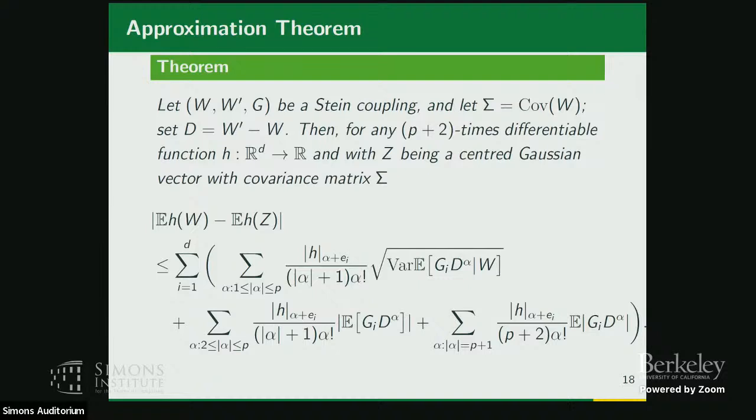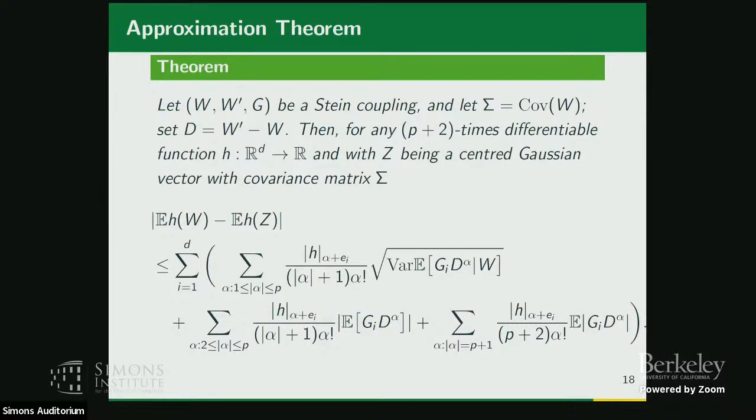we want to bound this quantity. This is a complicated expression, but the idea here is that all these terms can be bounded. These terms all depend upon the higher order moments of these differences D and the G term that you had in the Stein coupling. So once you know the bound for each of these terms, you can bound this left-hand side quantity.